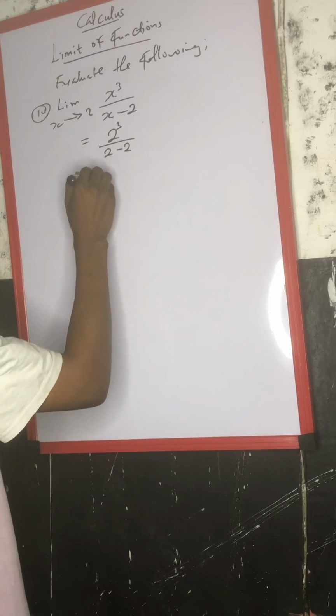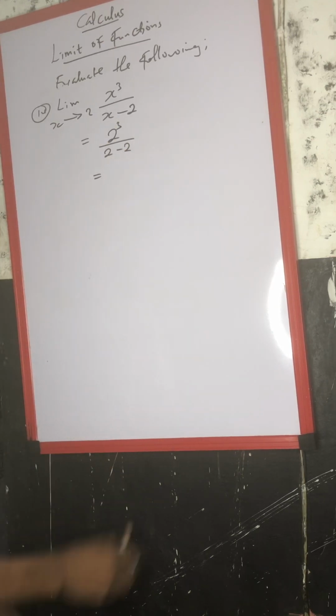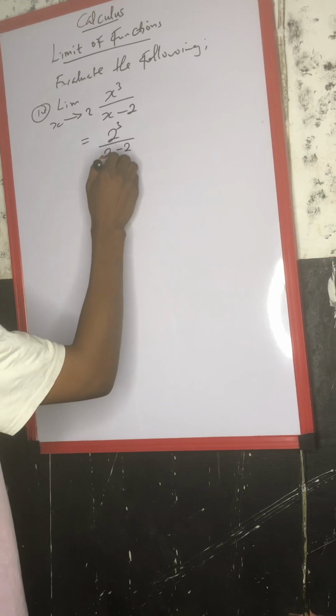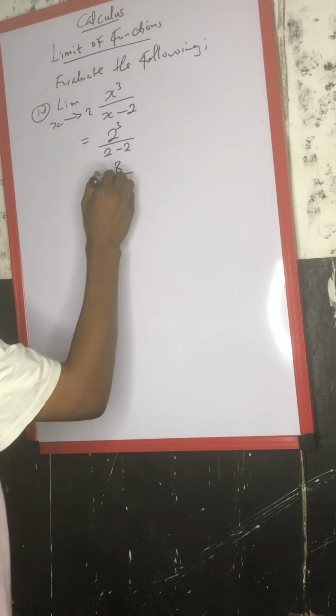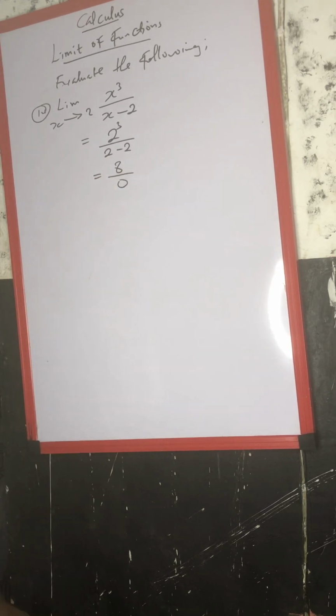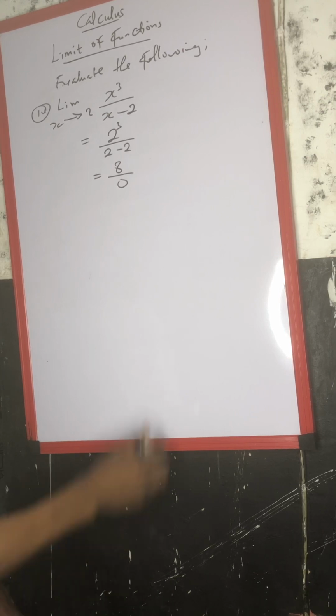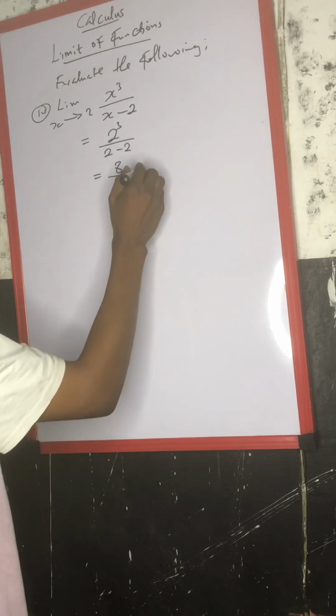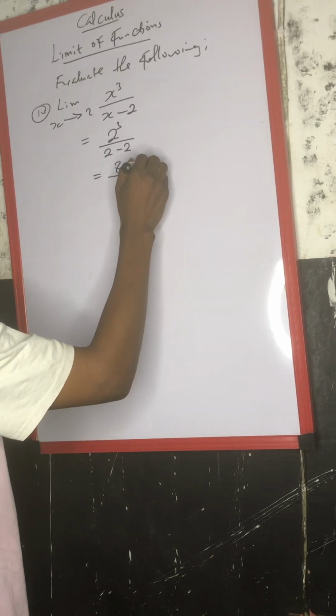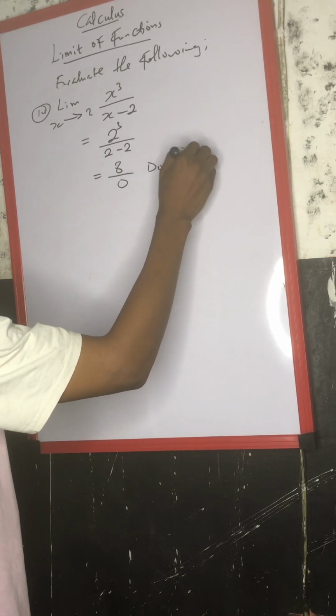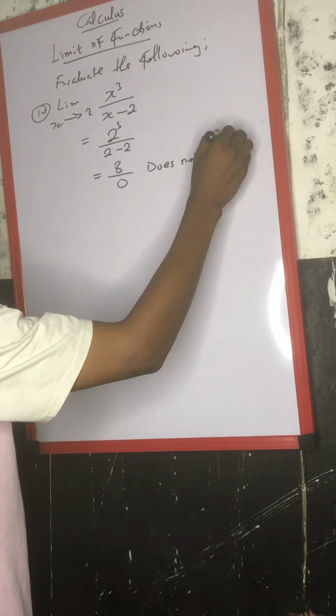Then from there, 2 raised to power 3 gives us 8, then all over 0. And 8 cannot be divided by 0; it gives you infinity. So whenever you have something like that, it simply means that the limit does not exist. So 8 cannot be divided by 0. That means it does not exist.